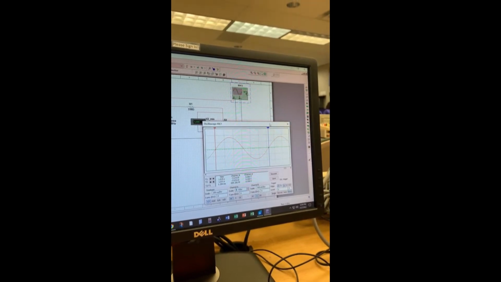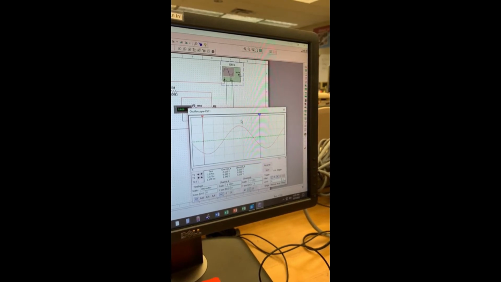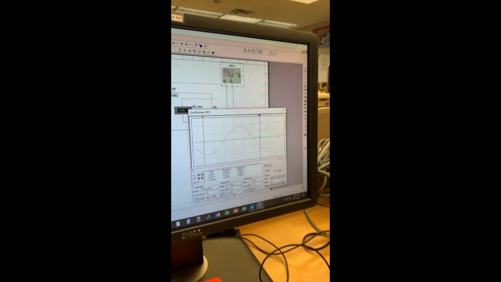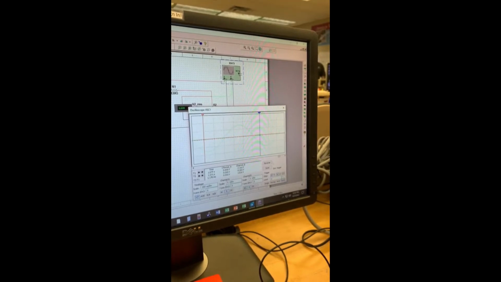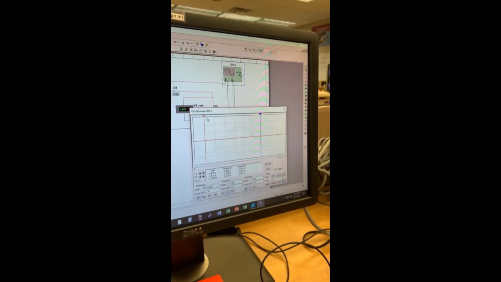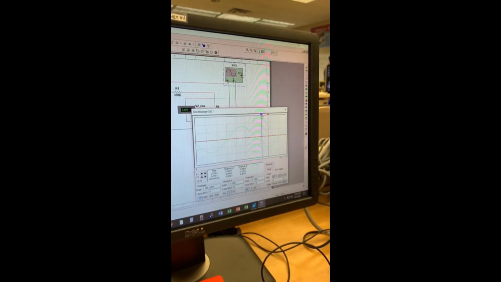Right. So now we're going to be checking channel 2. What we're going to do is set this to 0. We're going to put this in AC because this is the AC world. Now we're going to be moving this to this side and this to right here.